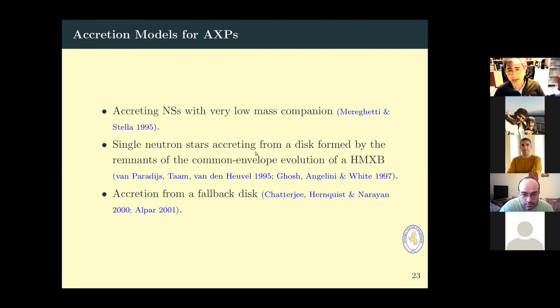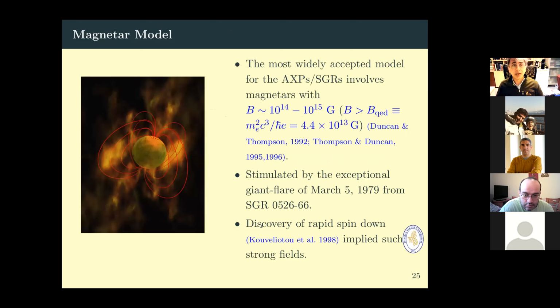Single neutron stars accreting from a disk formed by remnants of the common envelope evolution of a high mass X-ray binary was another suggestion in the 1990s. And in the beginning of the 2000s, the fallback disk model was proposed by Ali, Alpar, Chatterjee, Hernquist and Narayan. But the most widely accepted model for anomalous X-ray pulsars and soft gamma ray repeaters is that they are magnetars.